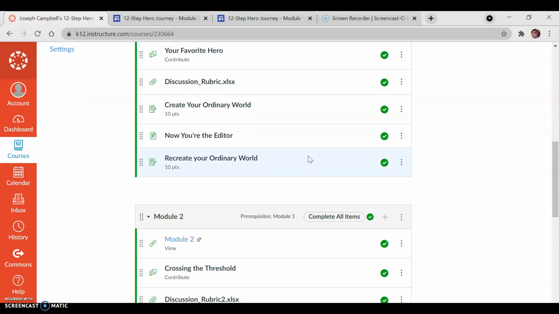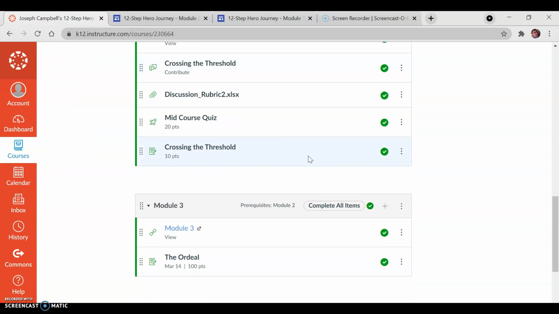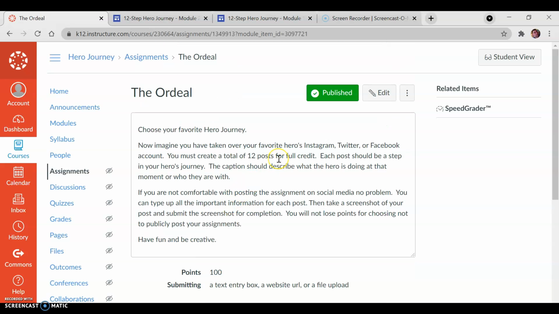Instead of 4 social media posts, I had them make 12 posts for full credit, where they would assume the social media account of a hero in their mind that they think has the best hero journey, whether that be Harry Potter or Lord of the Rings or Star Wars.